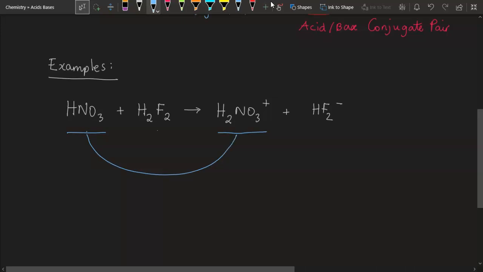The question here for us is, what way has the hydrogen moved? So if we're looking at this, HNO3 has to turn into H2NO3. In other words, this H2NO3 has gained a hydrogen from somewhere. So where has it gained the hydrogen from?